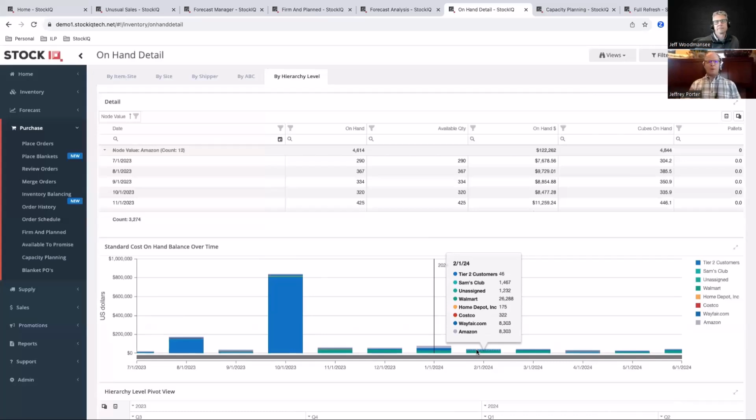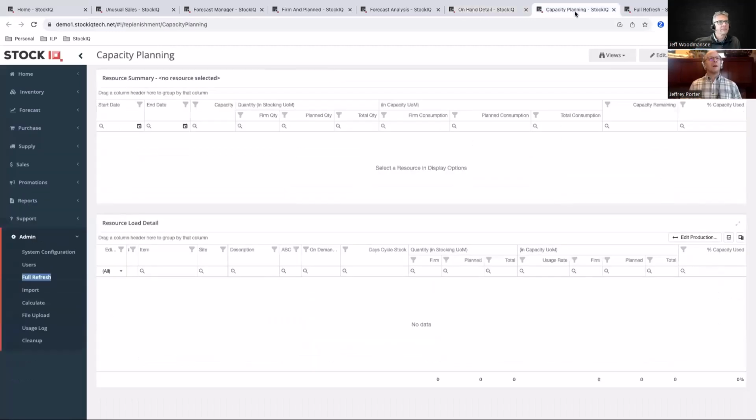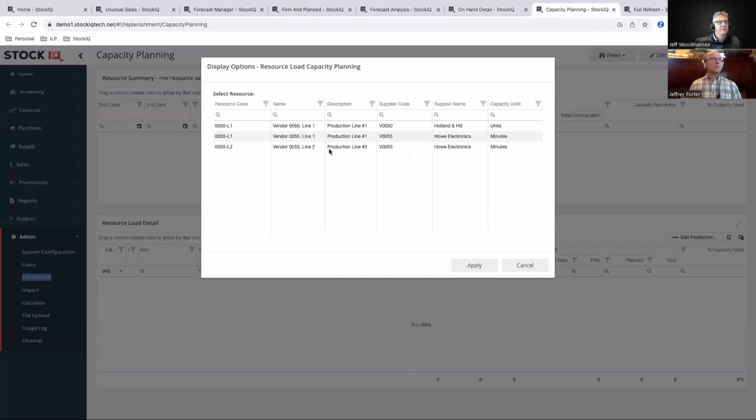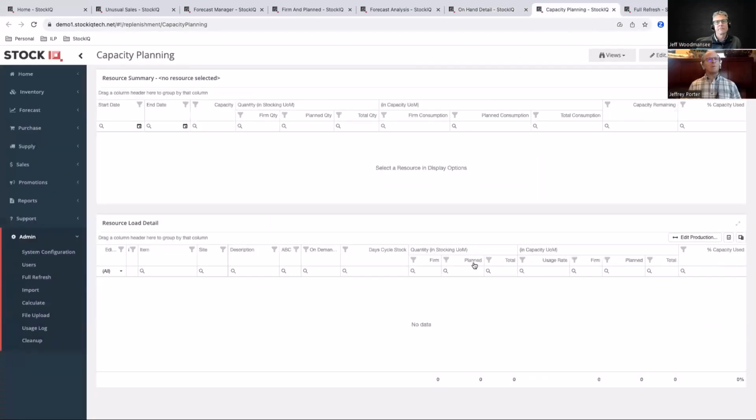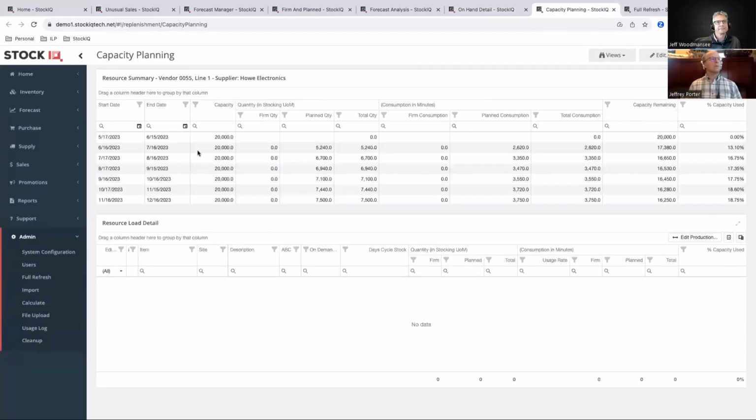One more thing that I want to cover in here is capacity planning, so that we can address some of those questions. What's capacity planning all about? Capacity planning may be about my internal resources, and essentially what we're doing is modeling this data by month.